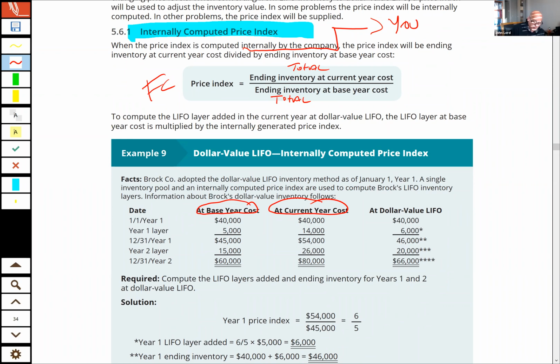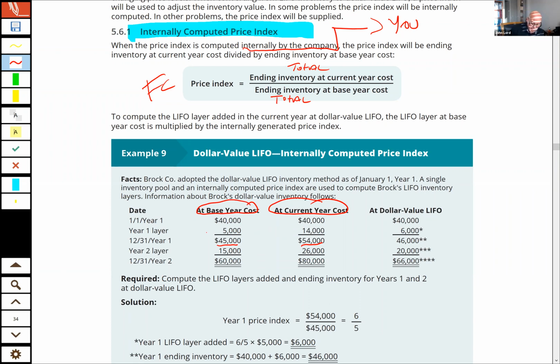Then you come over and notice the total at base year is 45, the total at current year is 54. I think the mistake that people make, don't circle this, is they try to focus on the layer that was added. No, it's the total at the end of the year, the total at base versus the total at current.